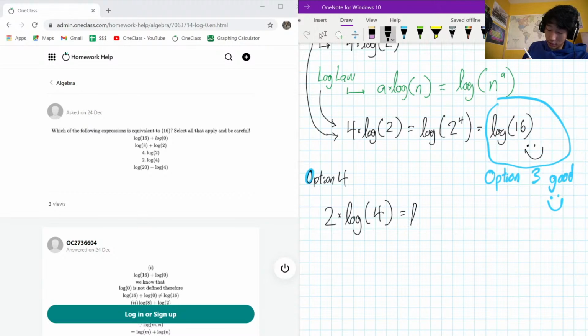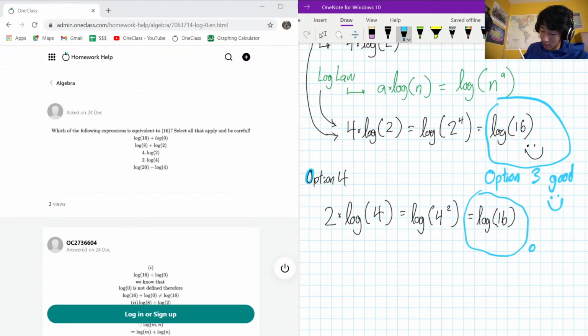So this will be equal to log of 4 to the power of 2, and that's log of 4 times 4, which is log 16. Hey, isn't that exactly what we're looking for? It sure is. So option 4 is good too. Happy face.